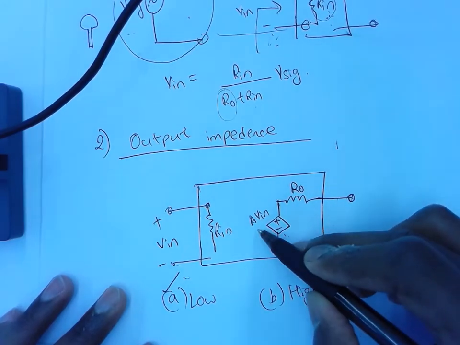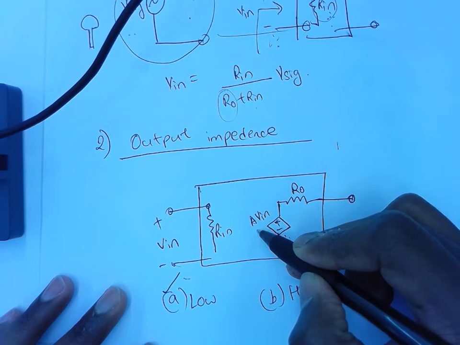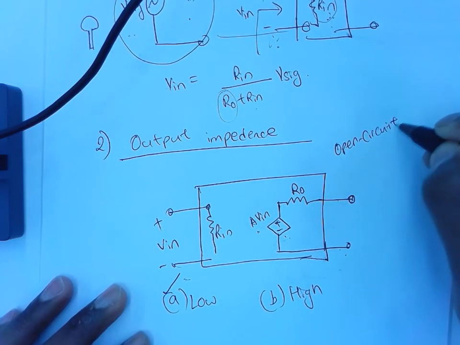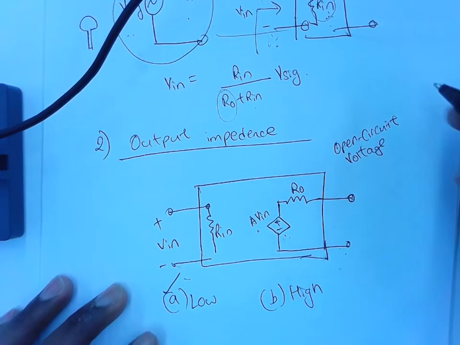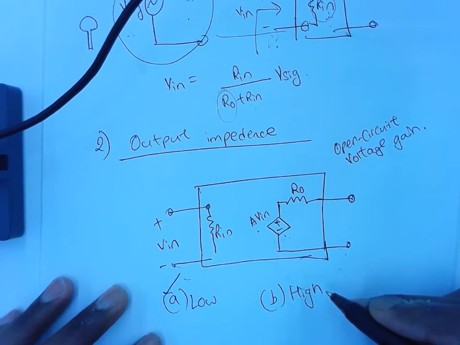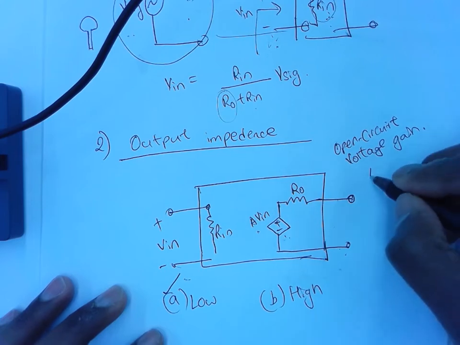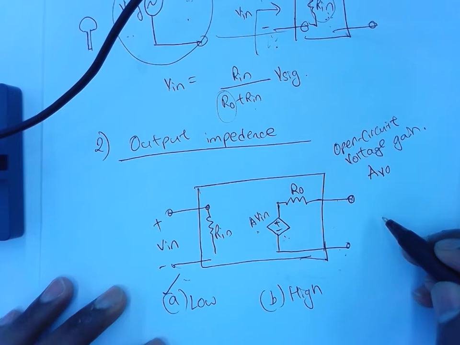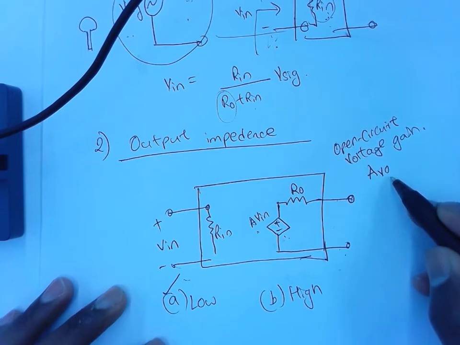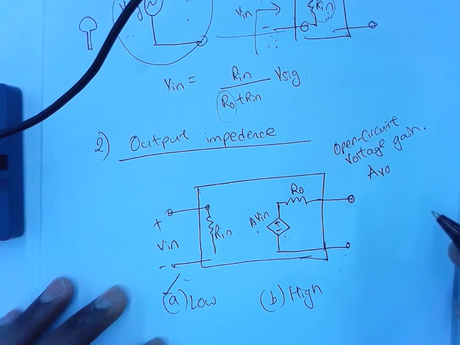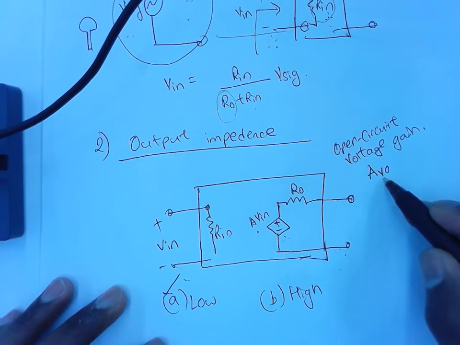That is why this A inside the model is called the open circuit voltage gain. That will be the voltage gain you will see if you don't connect anything at the output. In general, you will denote that as A_vo. V means voltage gain, O means open circuit.